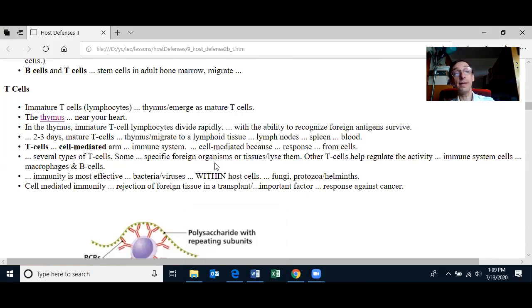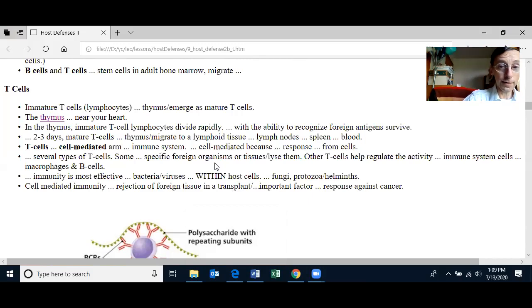So the T cells, they mature in the thymus and then leave the thymus and then circulate around in the body. While the T cells are in the thymus, the immature T cells, they divide rapidly and mature. And when they come out of the thymus, they have the ability to recognize foreign antigens.